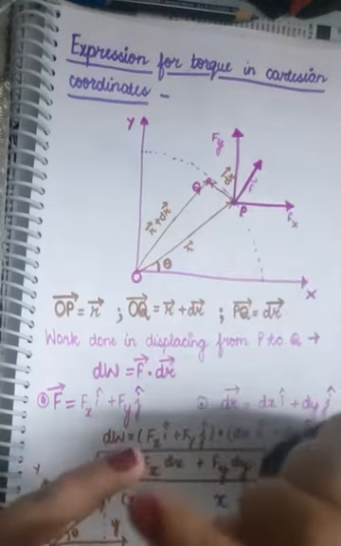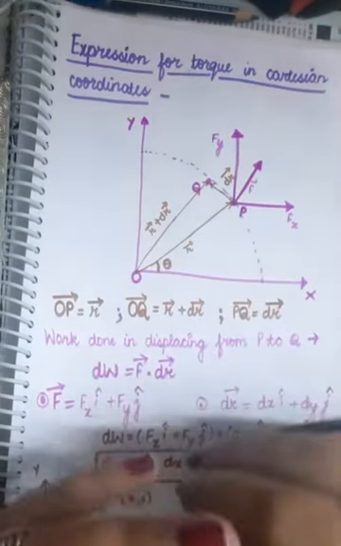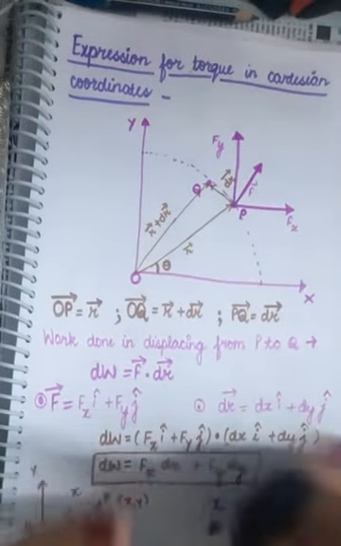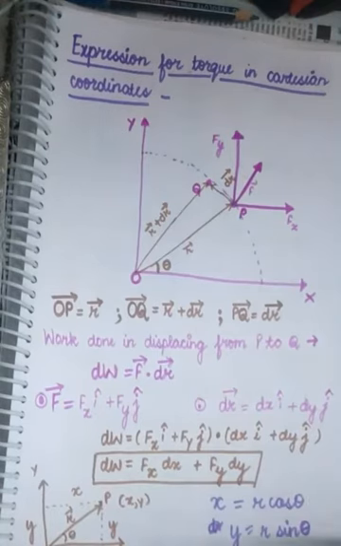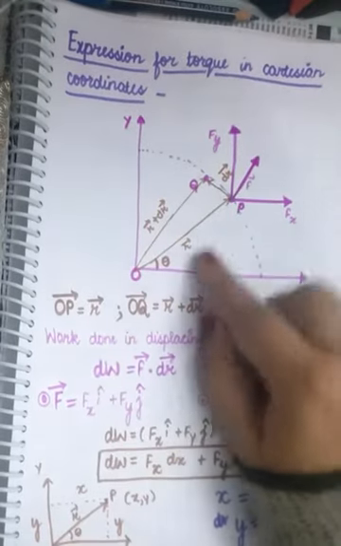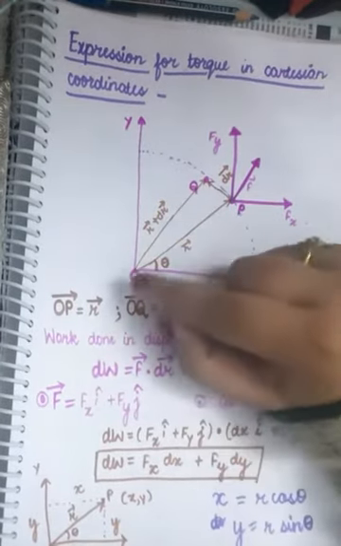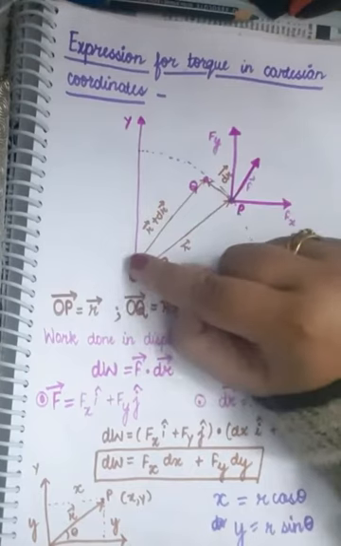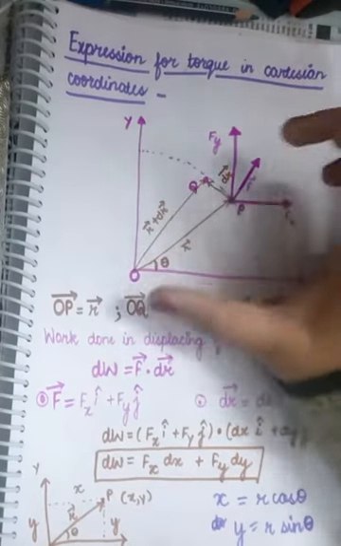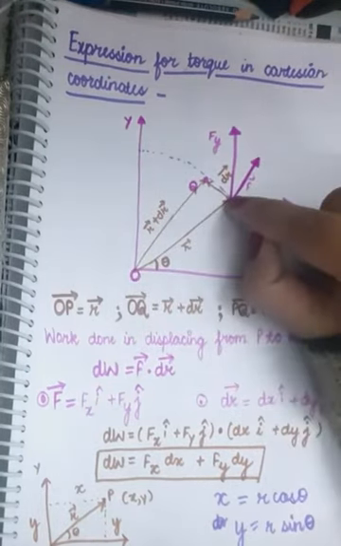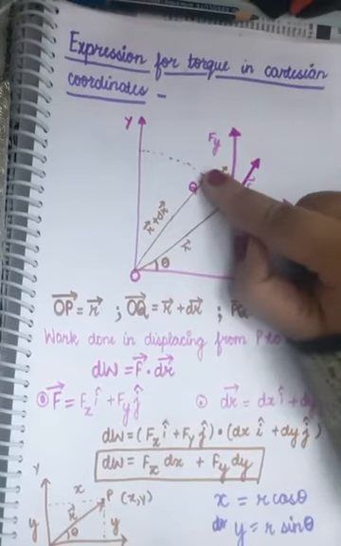Let's figure out the position vectors of these two points P and Q, which are lying on the arc. The OP vector is the r vector, and the OQ vector is the r vector plus dr vector, as the particle has undergone some displacement PQ.